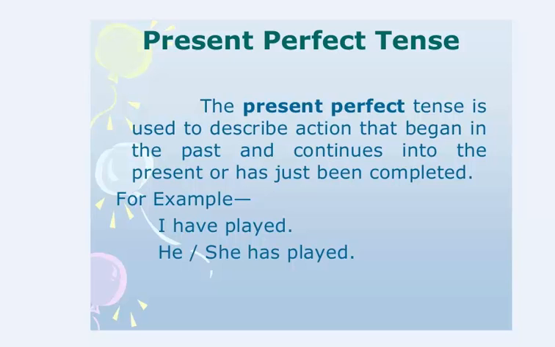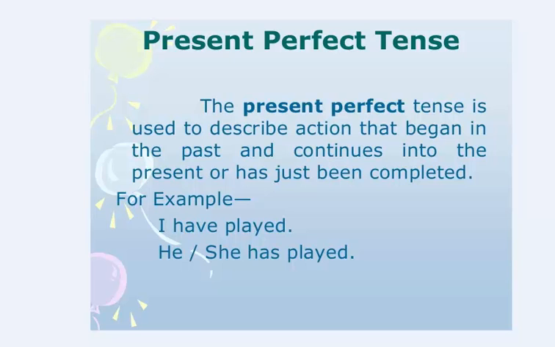From these examples, we have noticed that the action begins in the past but it continues in the present. So the present perfect tense is related to a time period, or creates a link between the time of the past and the present.